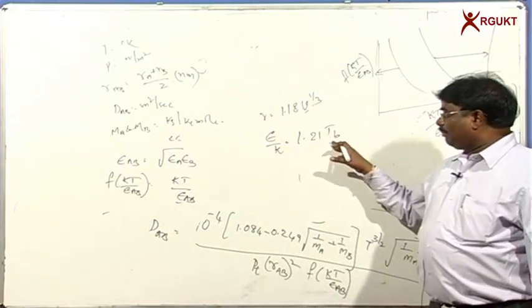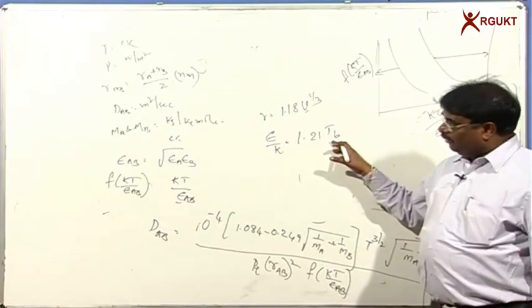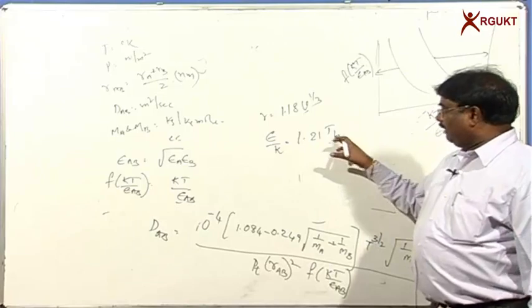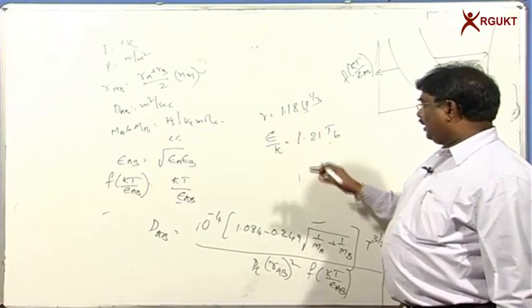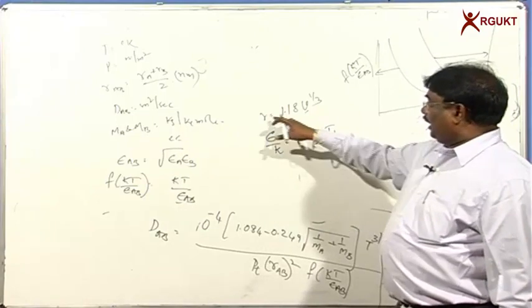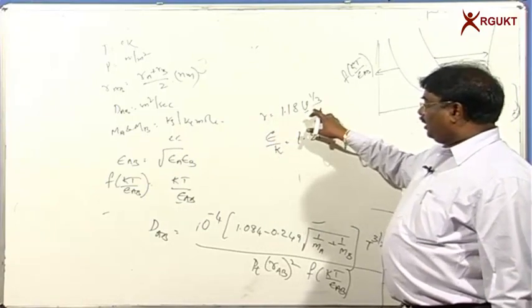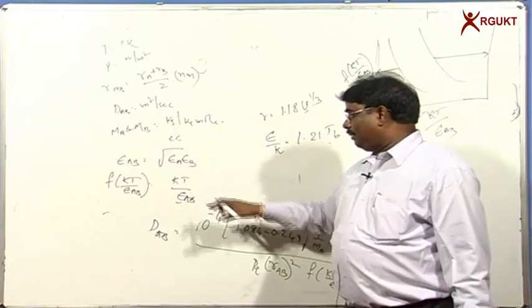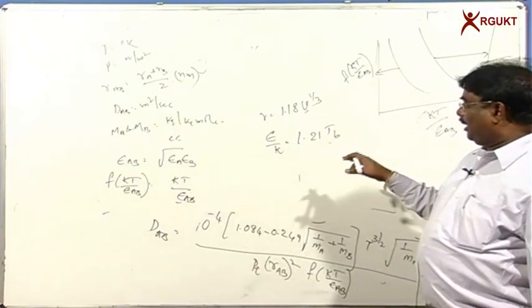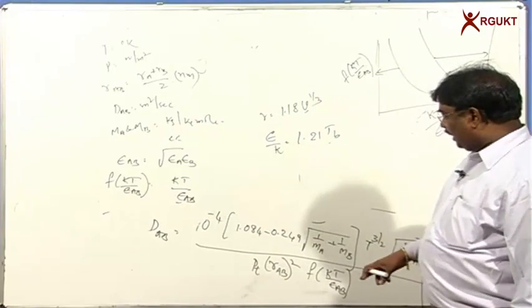So if you know the normal boiling point temperature of a given substance in Kelvin, multiply it with 1.21 and we get epsilon by k. The R value we get from here, and once you get epsilon by k, you can calculate kT by epsilon AB, and then f of kT by epsilon AB.